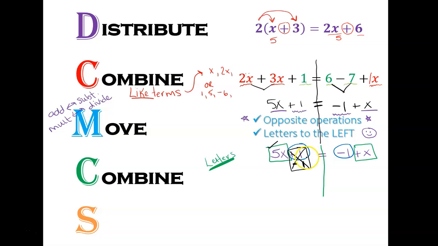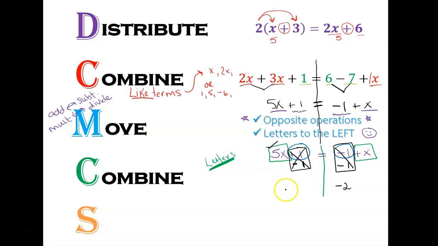But you have to remember, we have a balance here. There's an equation. So whatever we do to one side, we have to do to the other. So if I did a -1 on this side, I'm going to come over here and put a -1 on this side, under my number because I'm dealing with numbers. When I do that, -1 and -1 are going to combine to be a -2.